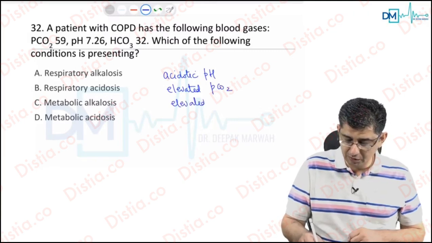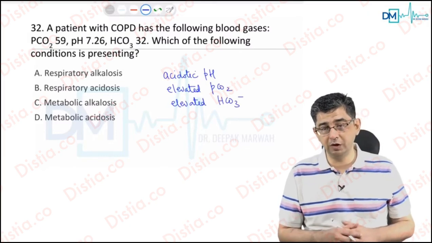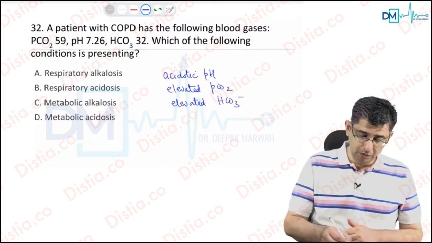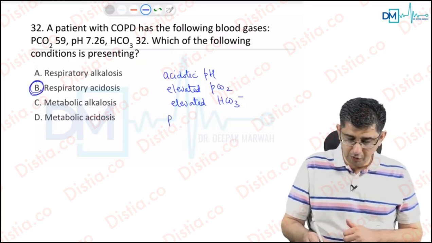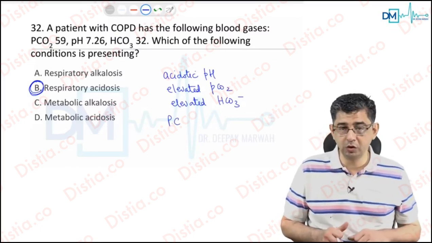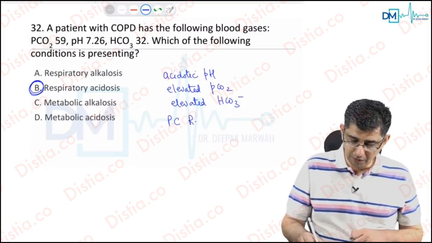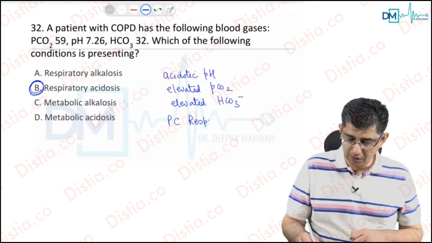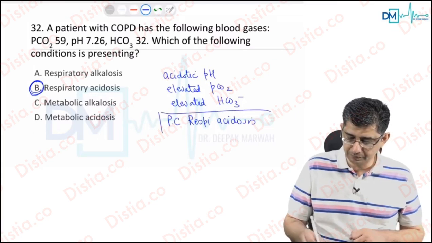This tells me that compensatory mechanisms are kicking in, because the kidney is trying to reabsorb bicarbonate. The correct answer to this question is obviously respiratory acidosis. I will call it partially compensated because the PCO2 is not normal and the pH is not normal. Partially compensated respiratory acidosis is the diagnosis for this particular question.